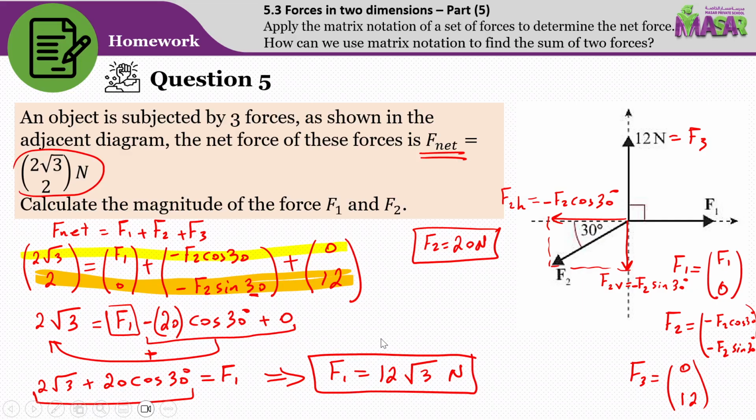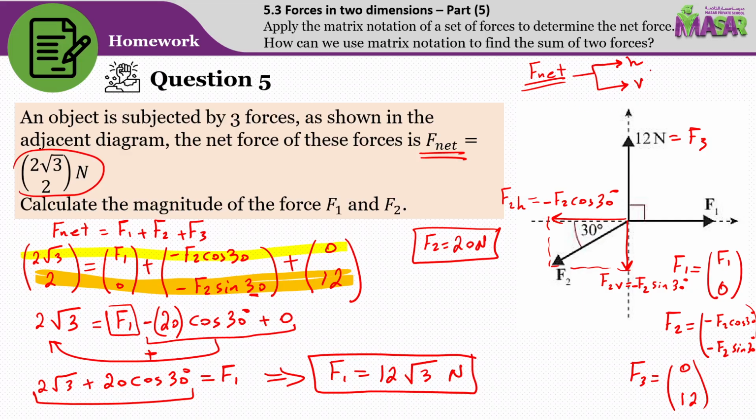And as an additional exercise for you, try to evaluate left and right, up and down, after I found the magnitude of each force. I want you to try to find what the F net will be. Let's assume that the F net is not given. What will be the F net along the horizontal components and along the vertical components, according to the result that I got?